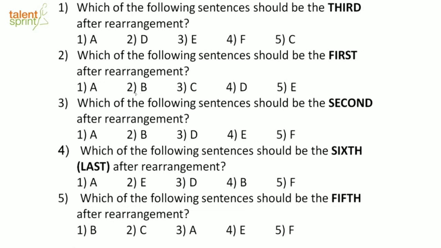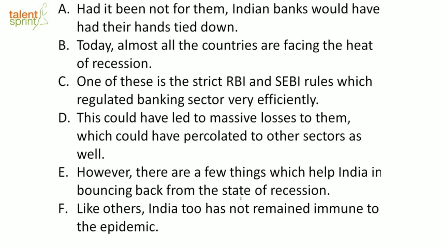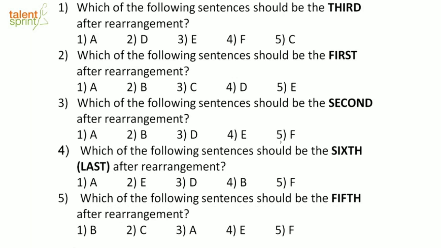So for the second question, the option is 2. Which of the following sentences should be the second after rearrangement? The second one we said was F. Like others, India too has not remained immune to the epidemic. So F comes in option 5. So that's your answer for the third question, second after rearrangement.